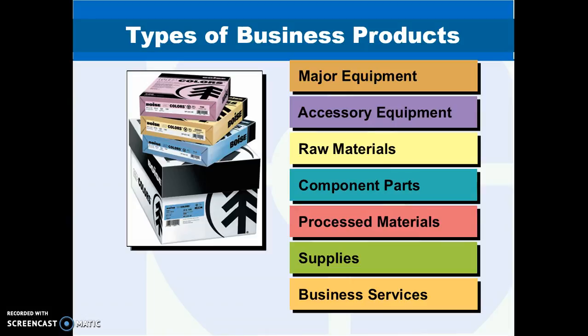Sometimes you will see that leasing is practiced in capital equipment such as major equipment and accessory equipment. That kind of leasing does not take place in raw materials or supplies or sometimes even business services. So the nature of the relationship changes how the product is sold. That also varies from product category to product category, and it's good to know that difference.